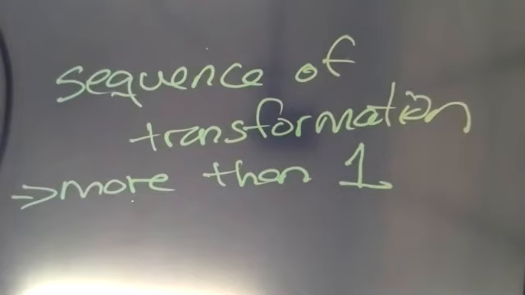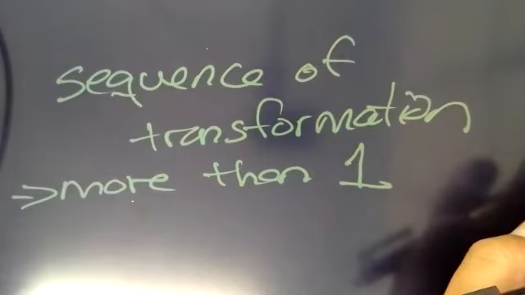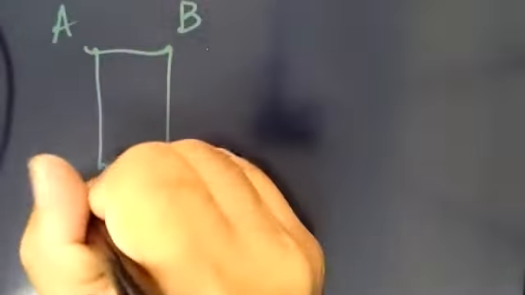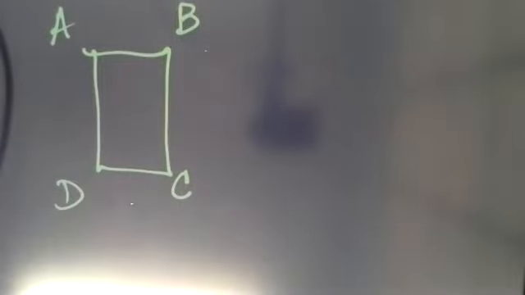Now, this is another one that's important. So let's say we go to this type of question. And let's say I give you this right here. This is A, B, C, and D.